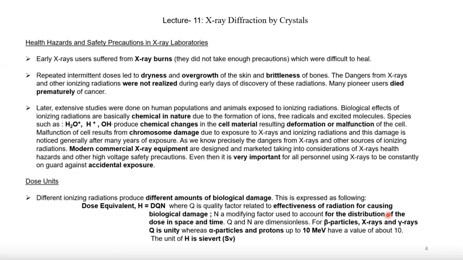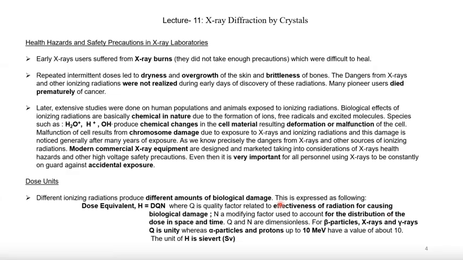Early X-ray users suffered a lot from X-ray burns, which were difficult to heal, because they didn't take enough precautions, or probably they didn't know how to take precautions, or probably there were no data about the health hazards of X-rays in early days.